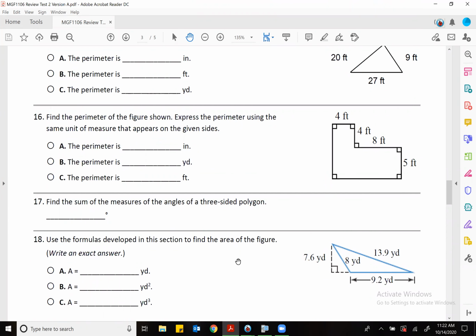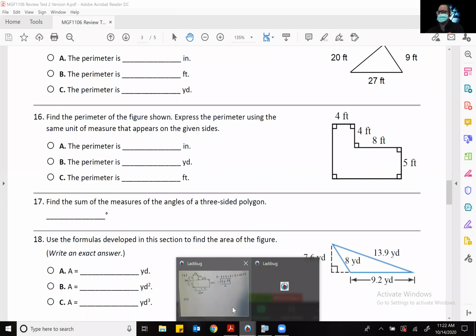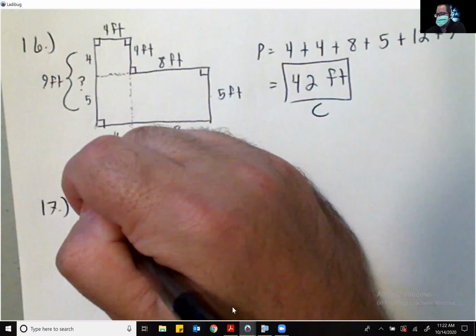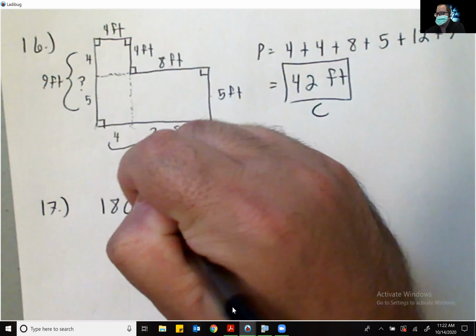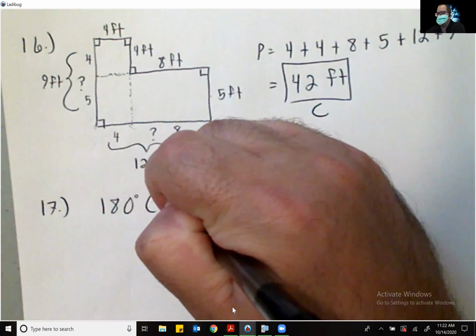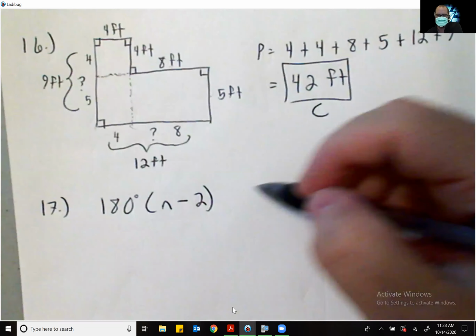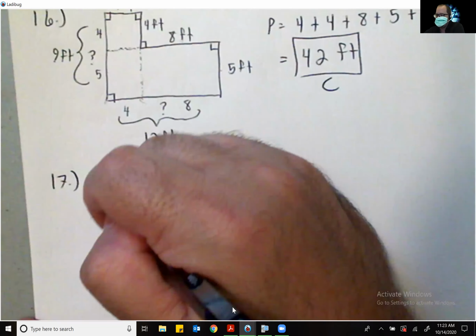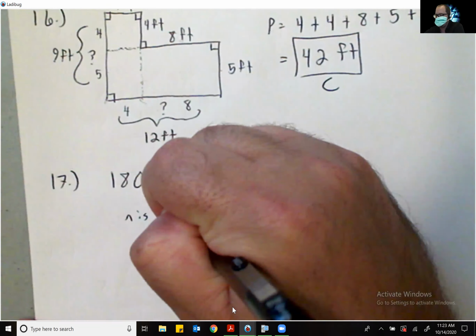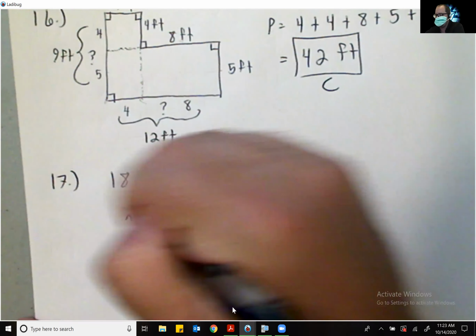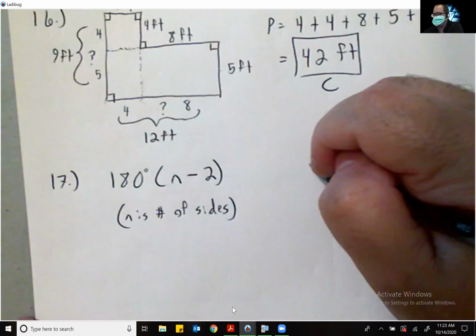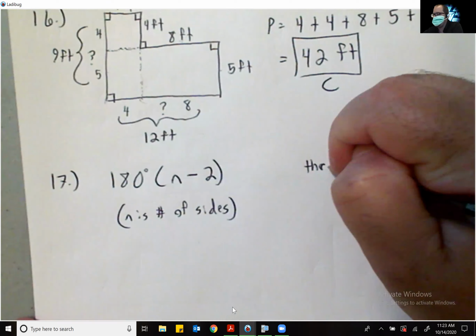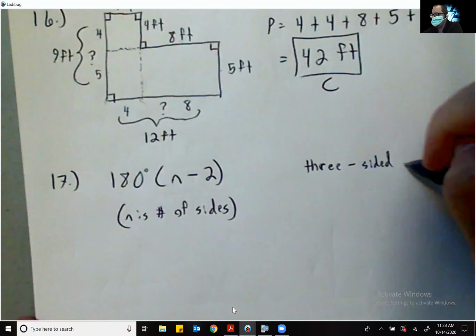All right, number 17 is a short little formula. It says, find the sum of the measures of the angles of a three-sided polygon. When we talked about this, I gave you a formula: if you take 180 degrees times n minus 2, that will tell you the sum of all the angles, where n is the number of sides. So it said we had a 3-sided polygon.